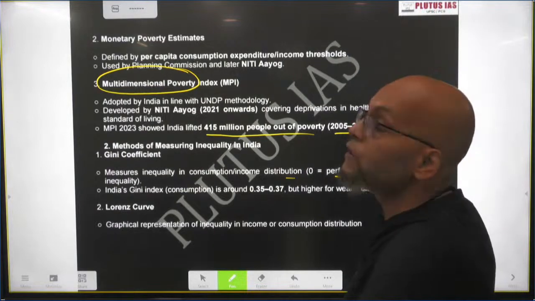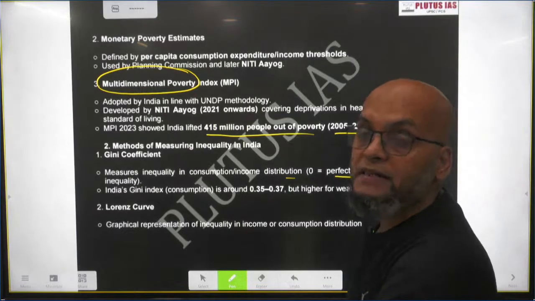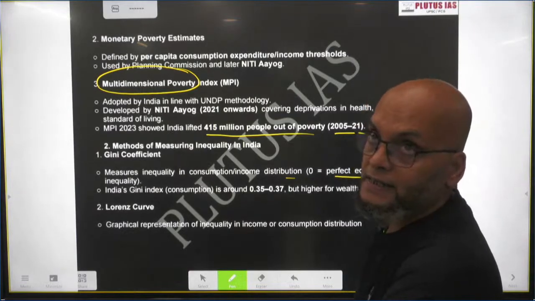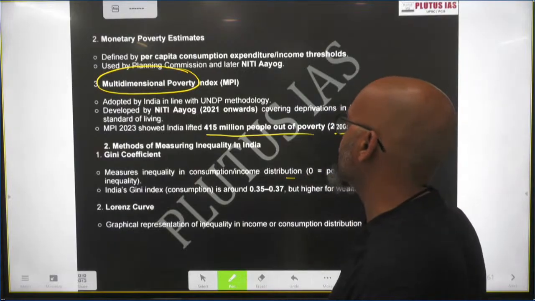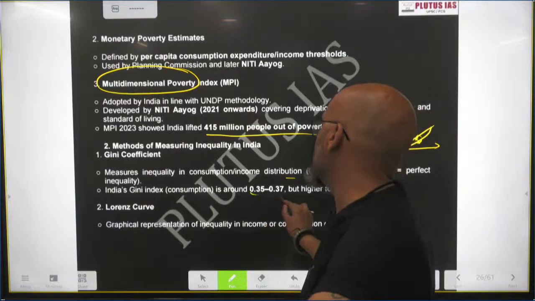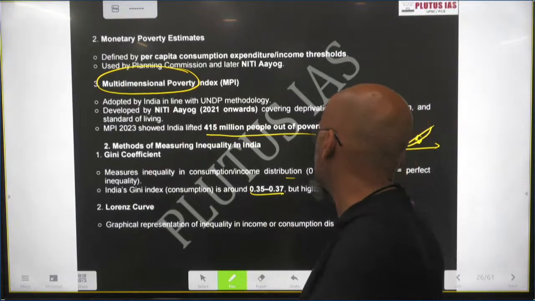It is called the Lorenz curve, where this 45-degree line represents the perfect equality state. One is perfect inequality. India's Gini index for consumption is 0.35 to 0.37, but higher for wealth distribution.